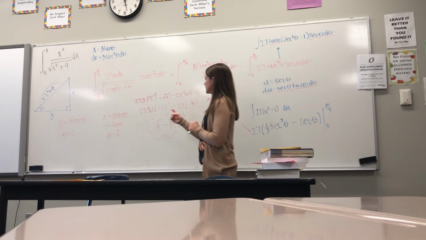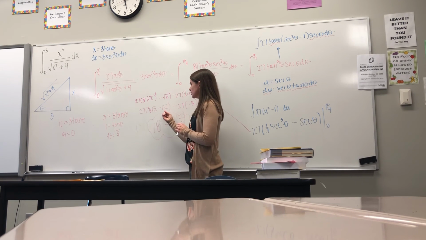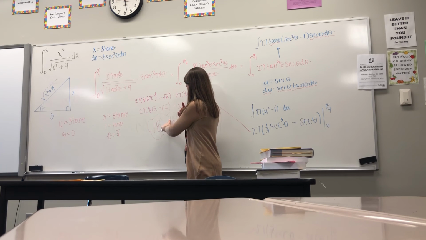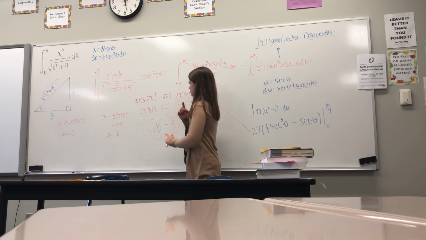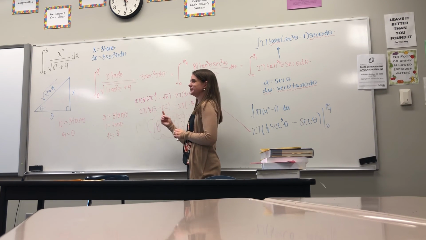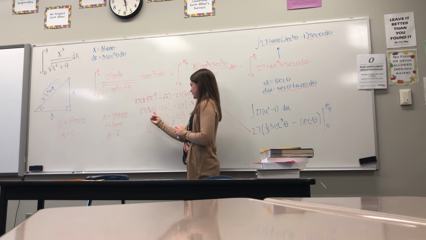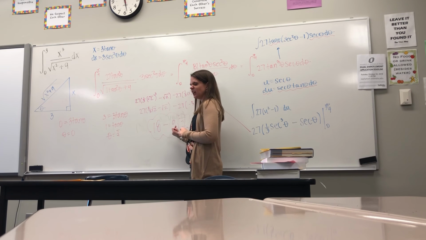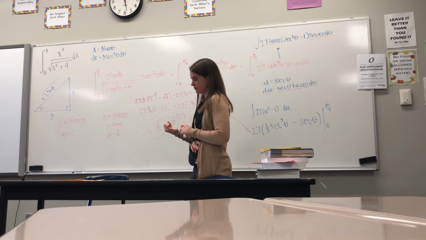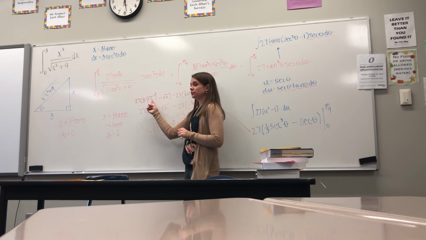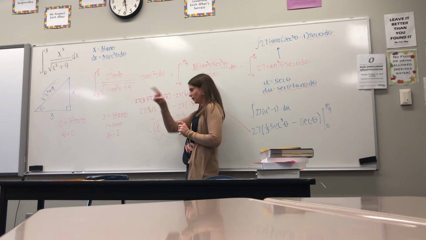What I did, 2/3 radical 2 minus radical 2 is negative 1/3 radical 2, so this is a 9. Sorry, I don't know why I wrote 19. Radical 2 times radical 2 times radical 2. Okay.